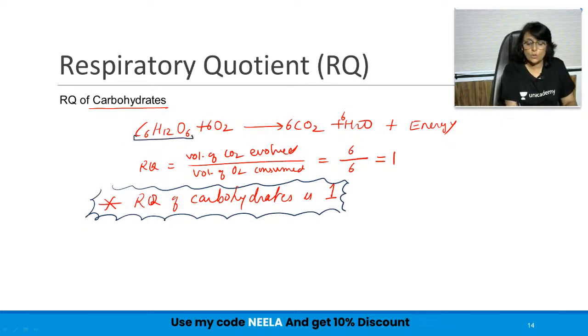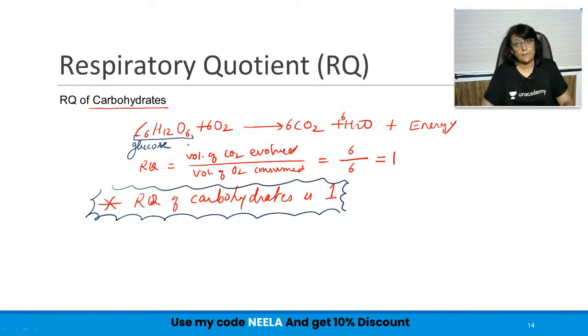This is glucose, which is a carbohydrate. So you need to know the reaction, that if that particular carbohydrate is broken down to release energy, that is in respiration, then how many molecules of oxygen are required and how many carbon dioxide molecules are given out. So if this is clear, then I'll give you one more equation. Is this part clear?